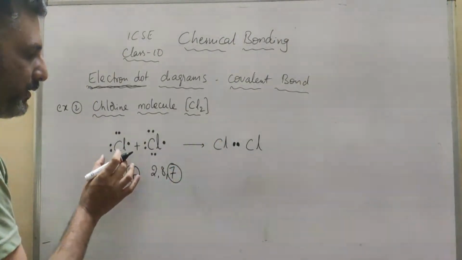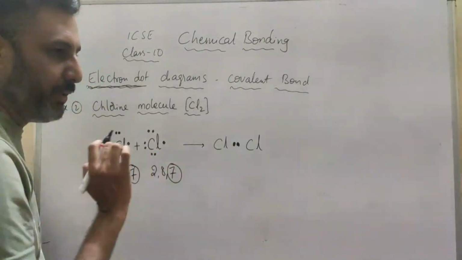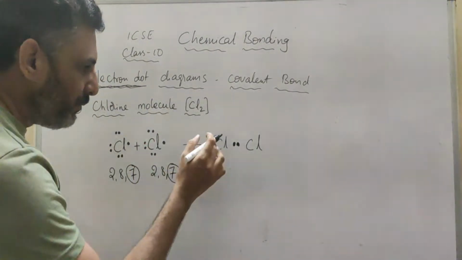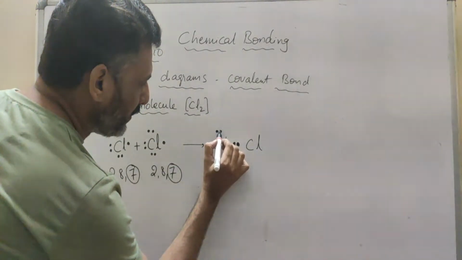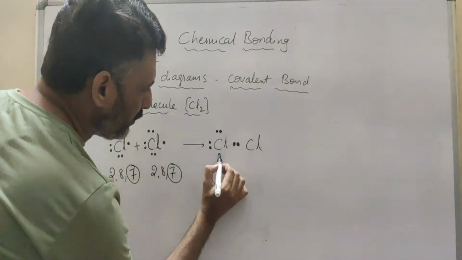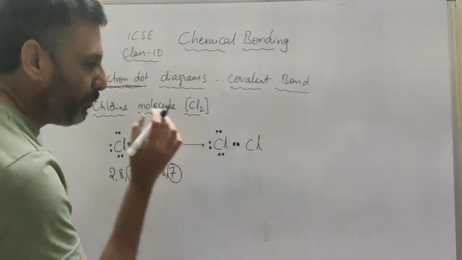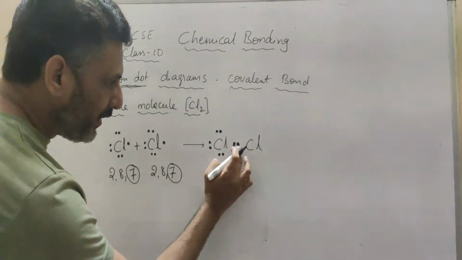Other than that, this chlorine still has, out of 7, only 1 electron involved in the bonding. So remaining 6 will be with this chlorine only. So you have to show it, it's mandatory. So this chlorine has those 6 electrons which are not participating in the bonding. Similarly, this chlorine also, out of 7, 1 electron is here.